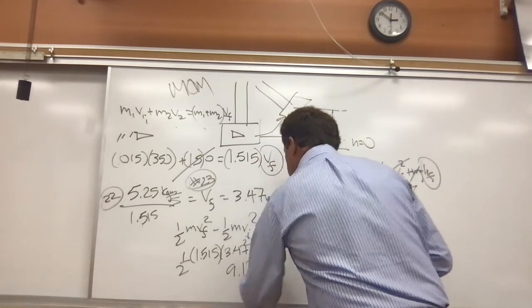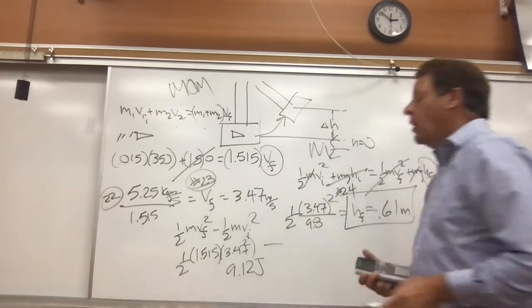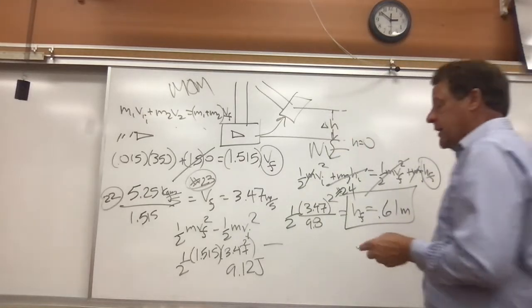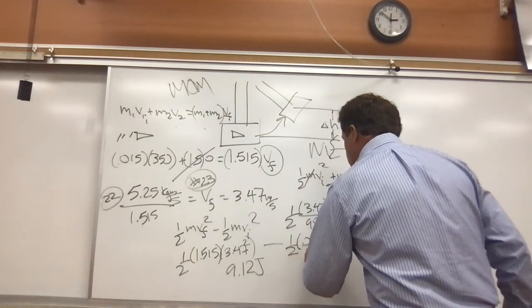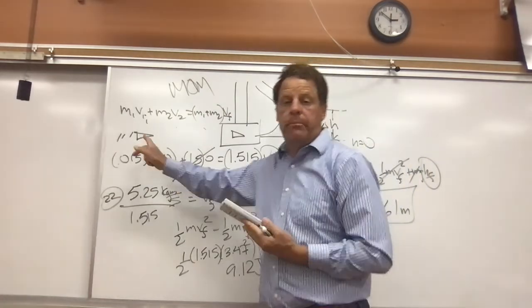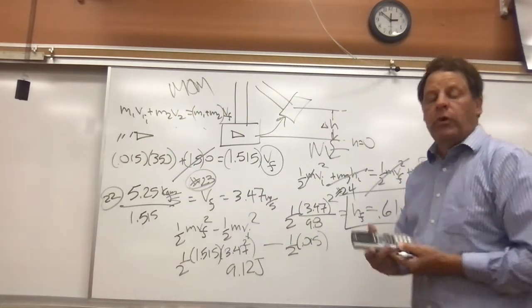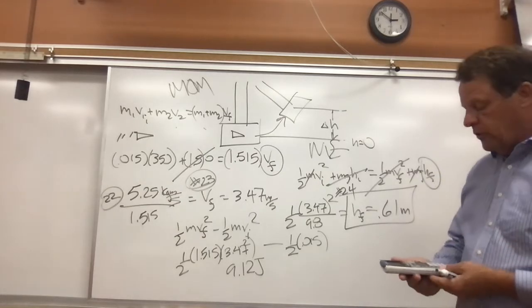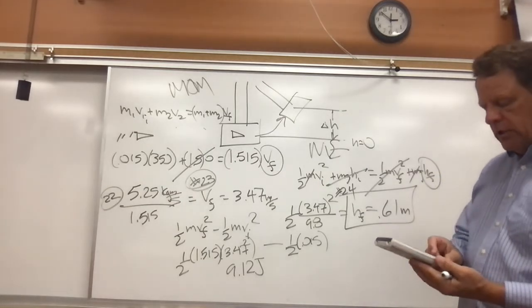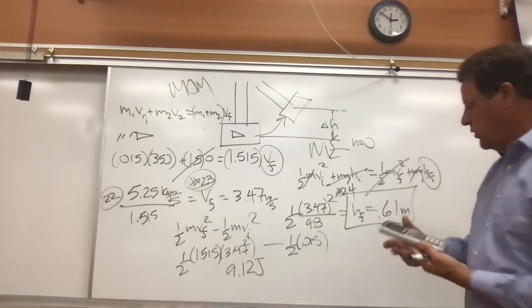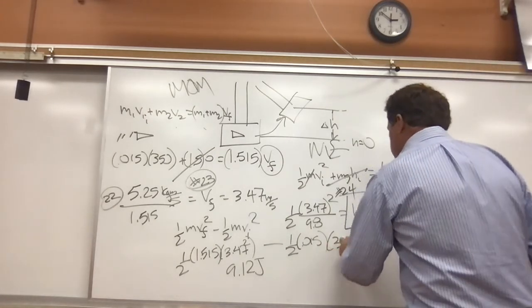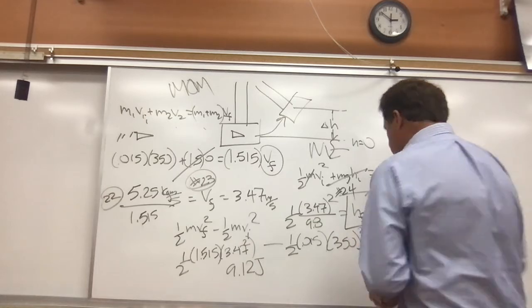We're going to have 9.12 joules. Okay, and now our initial kinetic energy is going to be 1/2 times 0.015, because remember, initially the bullet was the only thing that was moving, so it was the only thing that had kinetic energy. So 0.015 divided by 2, and the initial velocity was 350.